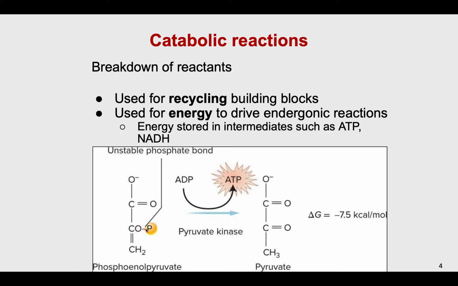This just happens to be a very unstable bond. When this covalent bond breaks, it releases energy, and that energy is going to be stored in some sort of intermediate molecule. In this case, it's ATP. ATP is a pretty common one. NADH is another fairly common one as well. So we're storing that energy in these intermediates.